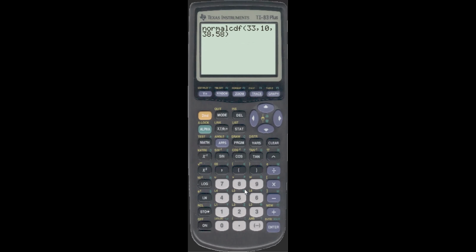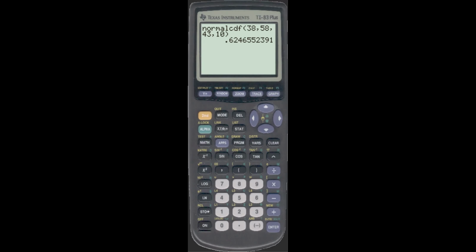So I have to give it 38, comma, upper 58, comma, the mean, comma, the standard deviation. And that looks to be the correct order. So it's lower, upper, mu, and then sigma, normalcdf.